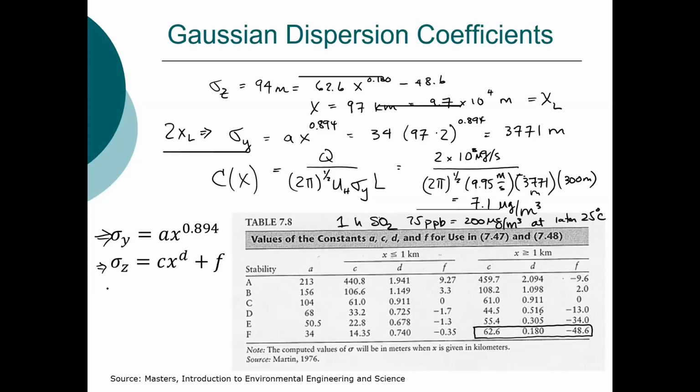Just to reiterate, this is extremely important in your homework. Q has units of mass per time, and so typically it will be in kilograms per second or grams per second. In this case, it's in micrograms per second, but it's mass per time. Q sub S is equal to Q divided by the surface area. Think of that, for instance, if we're looking at a box model, as the area over which the pollutant is being dispersed.